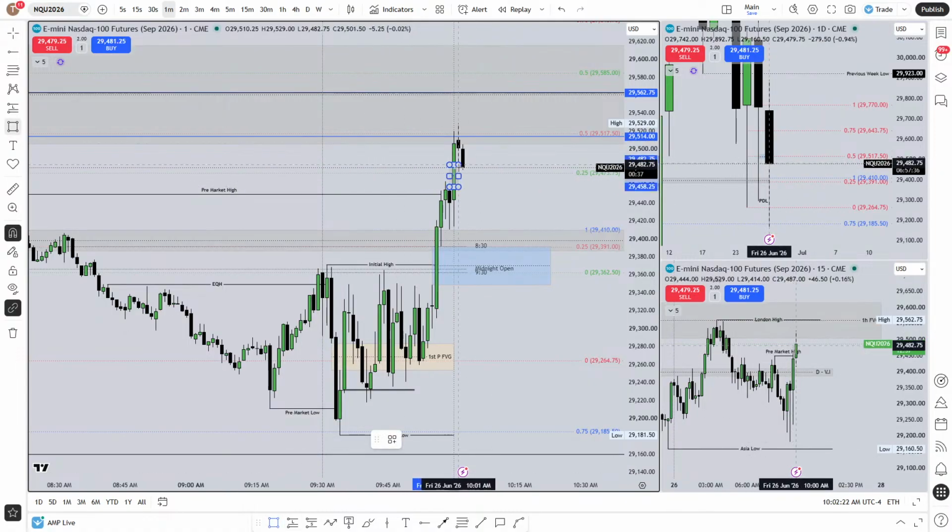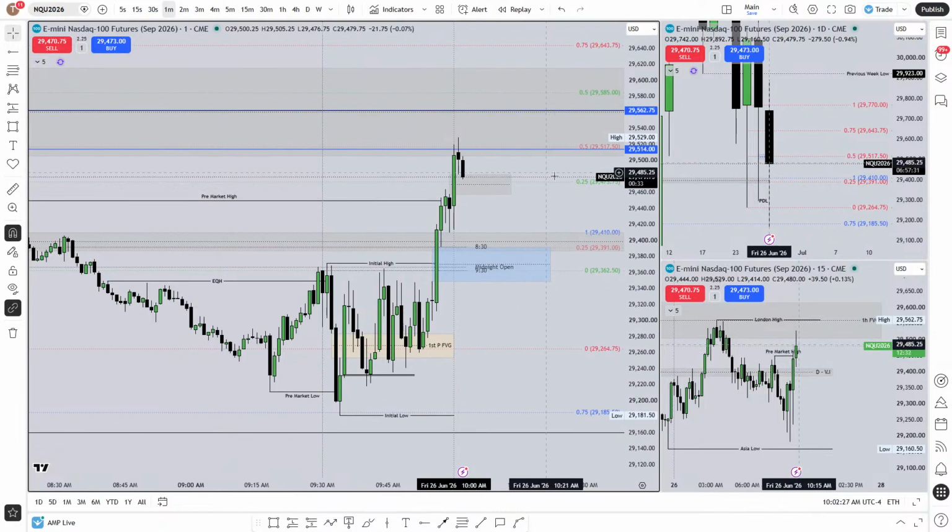This fair value gap overlaps that opening range gap lower quadrant. So notice how when you have these levels, it's where your gaps in your PD arrays are getting created.